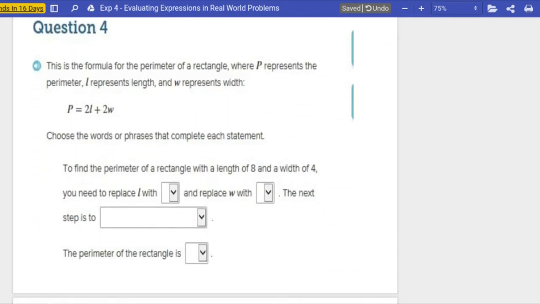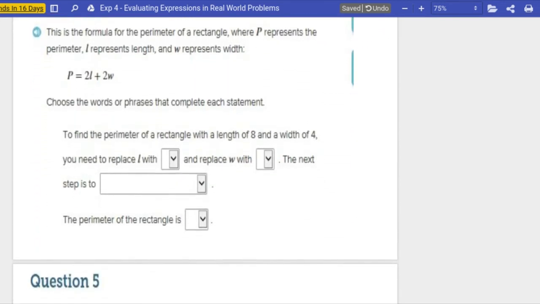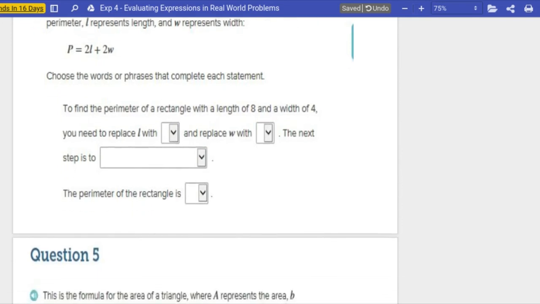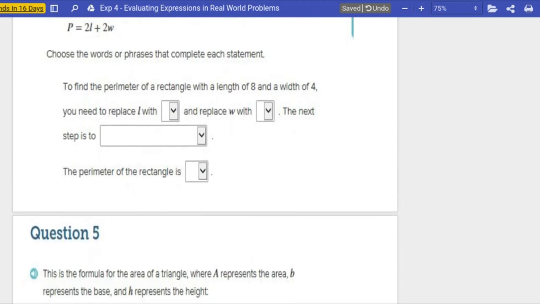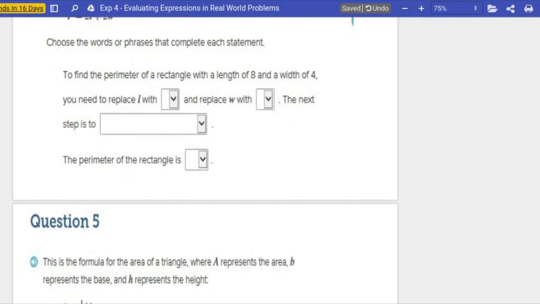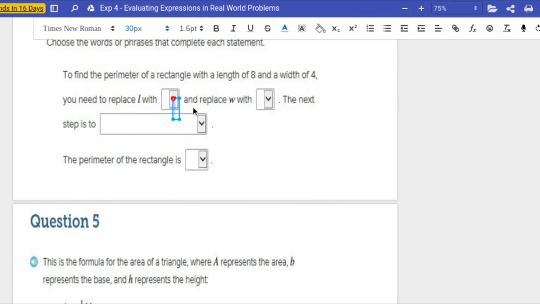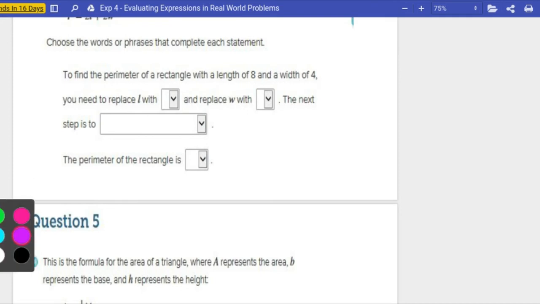All right, another fill in the blank here. This is the formula for the perimeter of a rectangle, where P represents the perimeter, L represents the length, and W represents the width. To find the perimeter of a rectangle with a length of 8 and a width of 4, we replace L with the length, which is 8, and W with the width, which is 4.